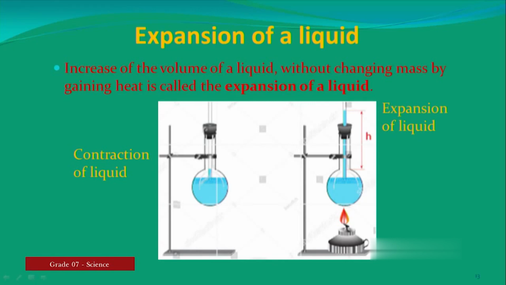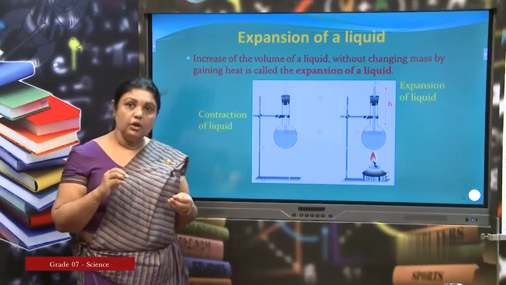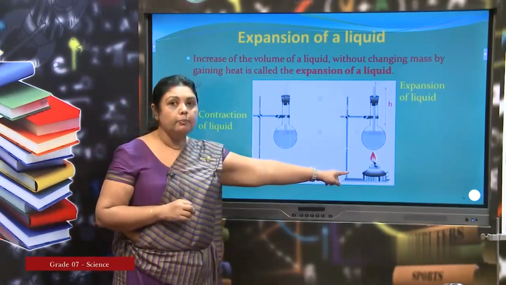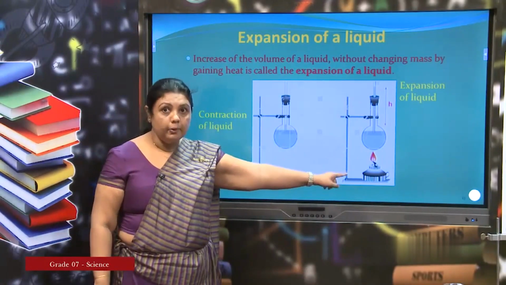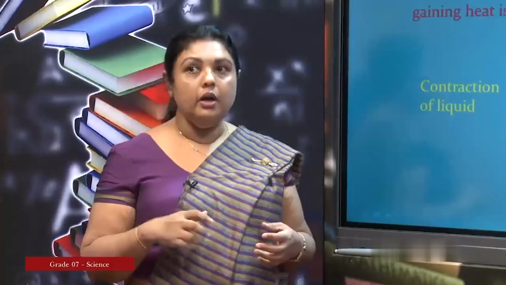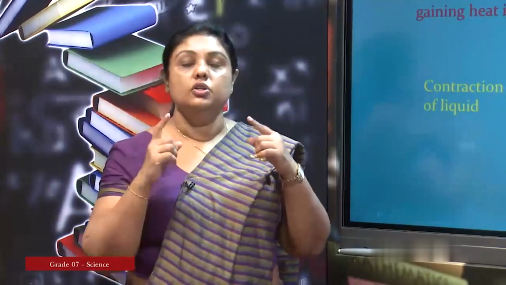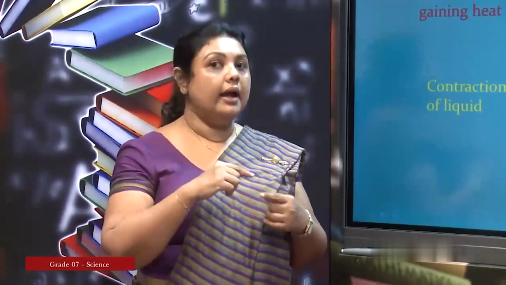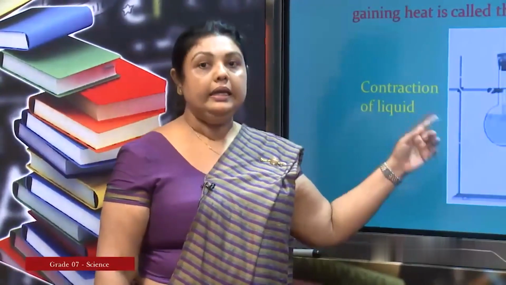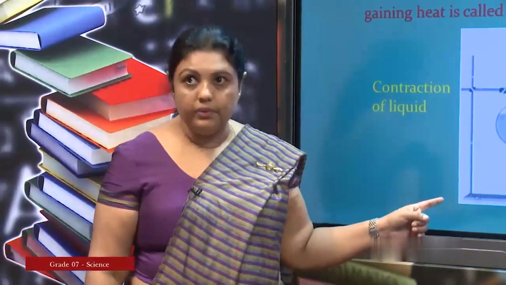Without change in the mass, when the liquid moves up, that is called expansion of liquid. So, expansion of liquid always takes place with the help of heat. Heat is responsible for expansion of liquid. Heat always raises its volume. When it is not heated, the volume does not rise.